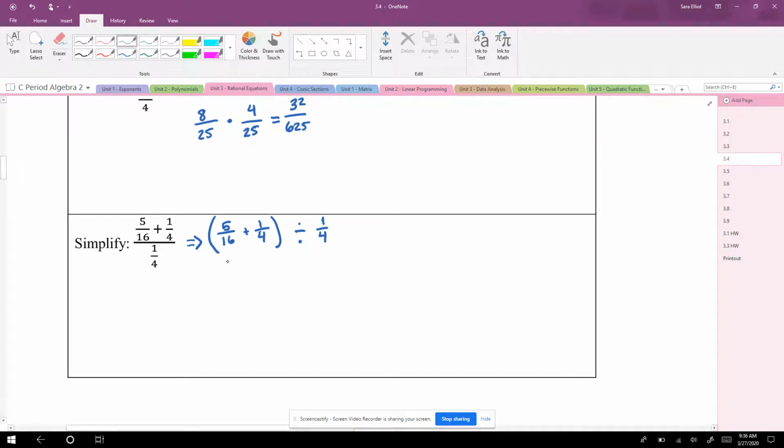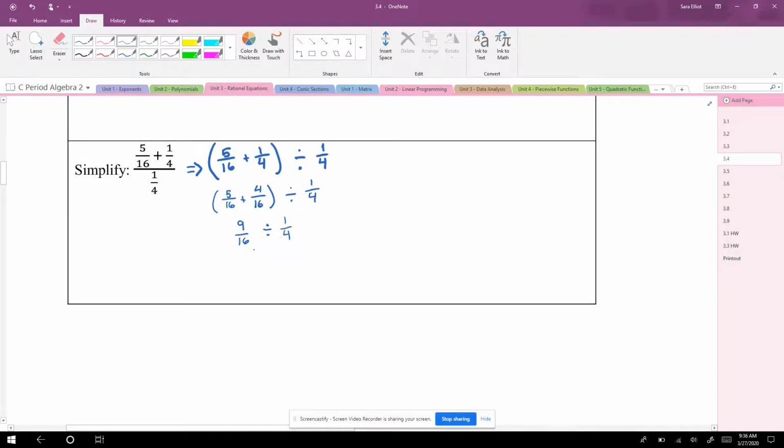So I'm going to rewrite this as 5/16, and 1/4 can be written as 4/16, and then I'm dividing by 1/4. So I can add what's in parentheses, 9 over 16, and now it's dividing by 1/4.